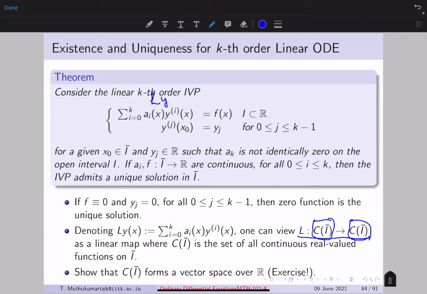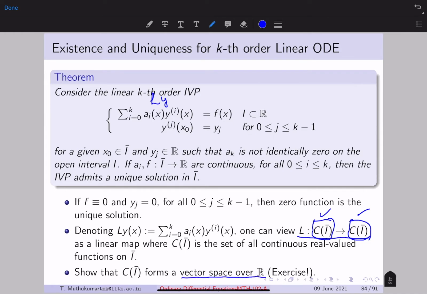So when you have a linear ODE, then the linear differential operator can be seen as a linear map from the space of continuous functions to the space of continuous functions.